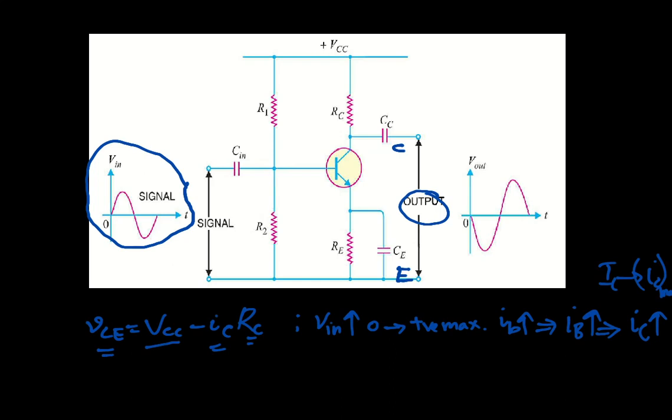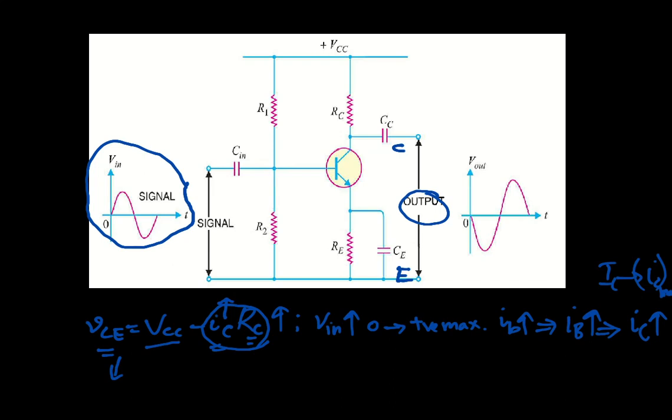So when IC increases, ICRC will increase. VCC is a constant, so VCE will decrease. When ICRC is maximum, VCE will be minimum.